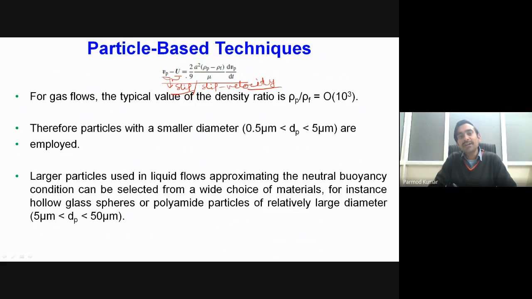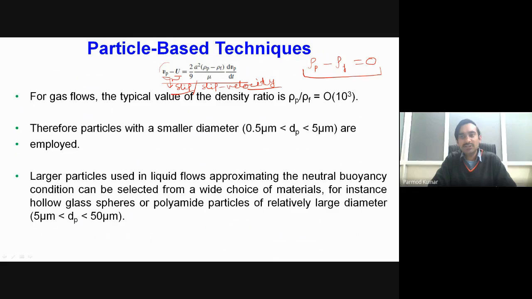So from here, as I have told you, we should have Vp minus u equal to 0. One important thing you can clearly see is that the density difference rho p minus rho f should be equal to 0. This tells us that we should have the density of the particle identical to that of the fluid.